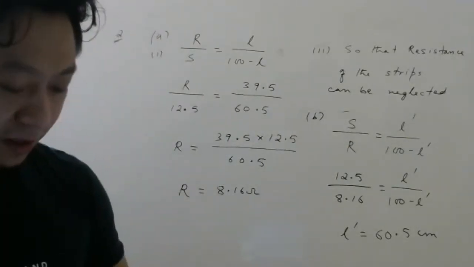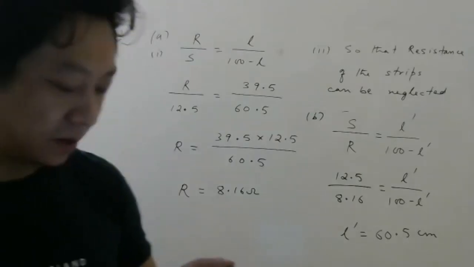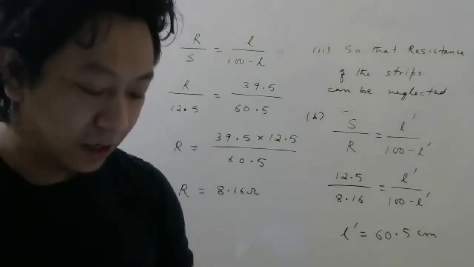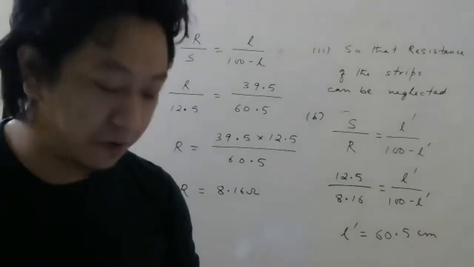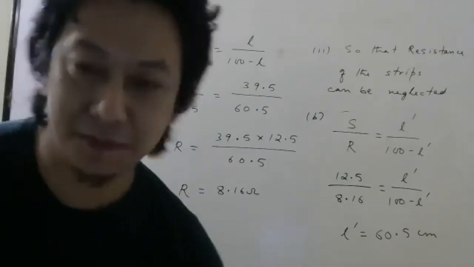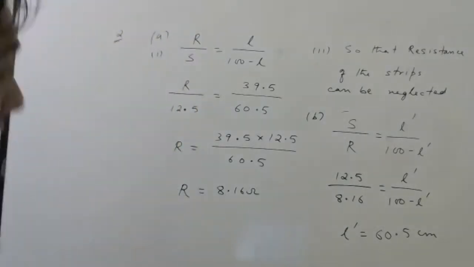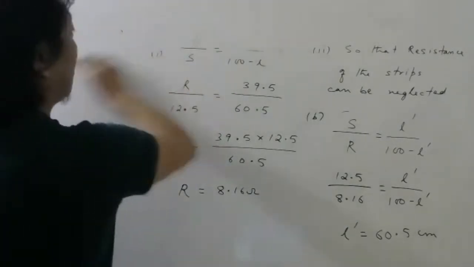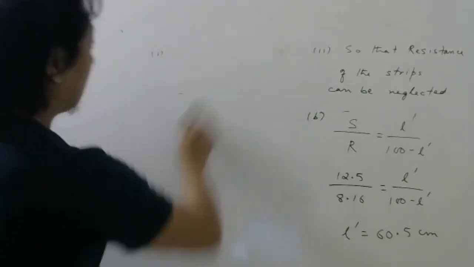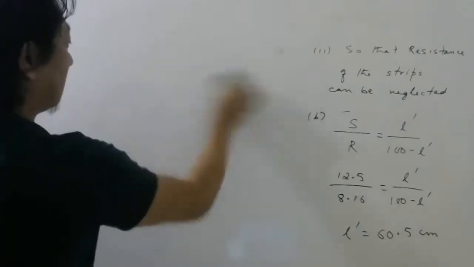Last part, part C. What happens if the galvanometer and the cell are interchanged at the balance point of the bridge? Would the galvanometer show any current? Interesting question. To understand this question, let us draw the circuit diagram once.